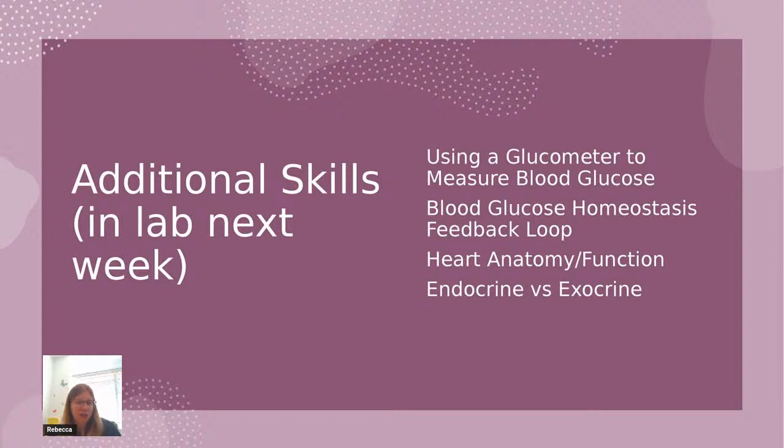But also understanding endocrine versus exocrine function of the body. So probably take a screenshot or write down the things from this, so you know these are the things I'm going to need to know from lab next week for my practical the following week, right?